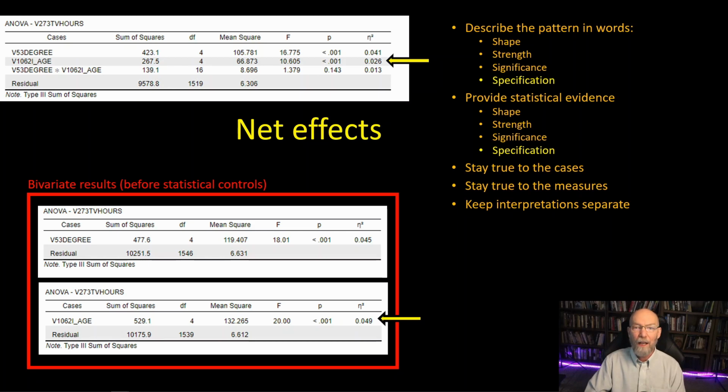We could run out of cases. We'll look at this in a screen to come, but we may have people who have graduate degrees who are between 18 and 29. There aren't very many of them. If we had people with graduate degrees who are 18 to 29 and who were white, and then 18 to 29 with graduate degrees who are other races, we might find we have so few cases that the math falls apart.